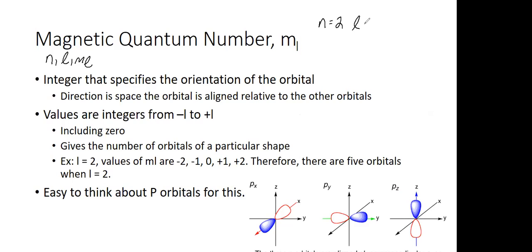We found out your angular quantum number, L, was 1, which again we call the p orbital. Then you have 3 possible values of m sub L. This could be either -1, it could be 0, or it could be +1, right? Minus L to positive L, and you include 0.